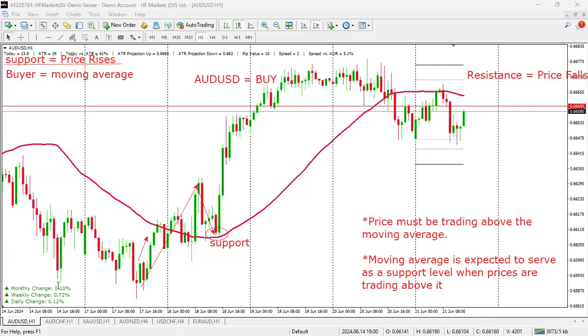What this means is, look at what happened here. Price moved above here, came back for a retracement of the level, but then the moving average acted as a support for price to rise, which means this was an entry point higher on this particular price level if we wanted to buy AUD USD.